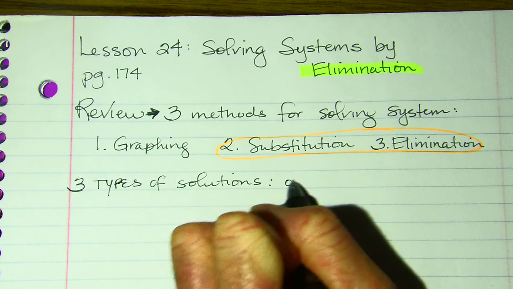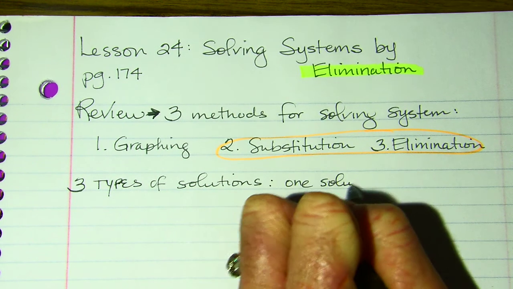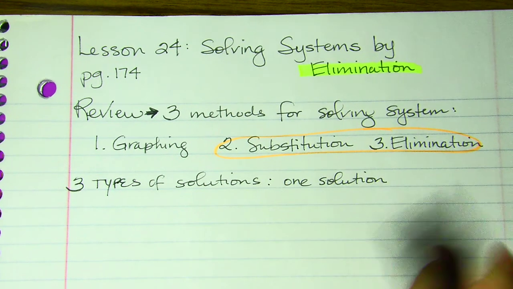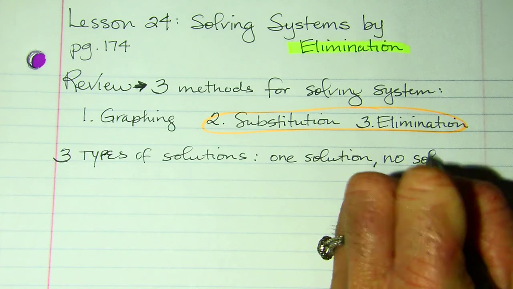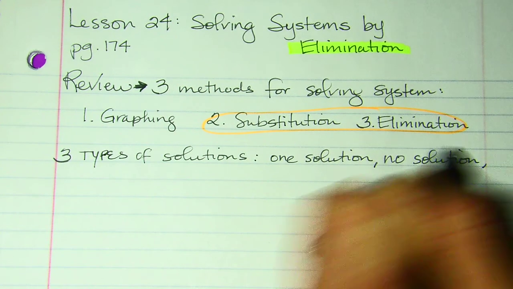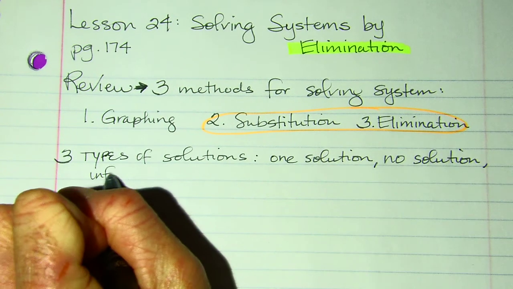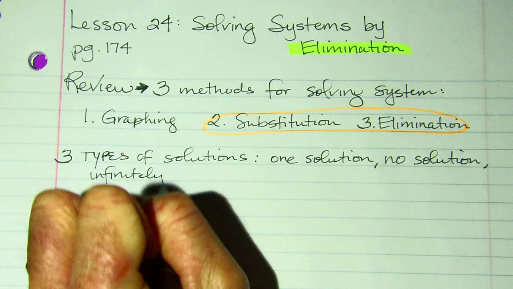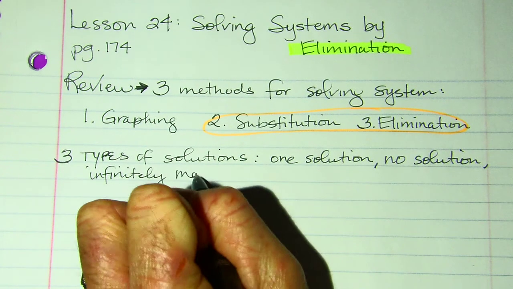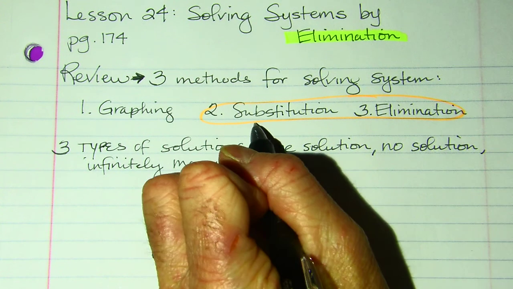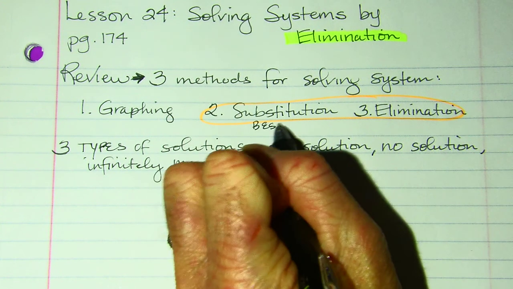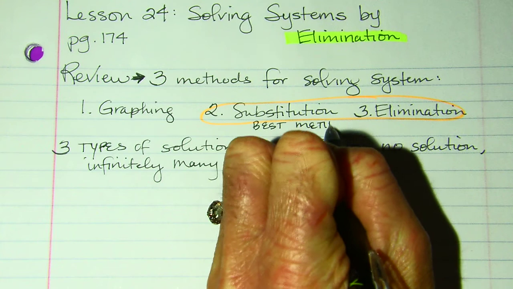You can have one solution, which is when they cross or intersect, or when you have a solution for x and y. You can have no solution, and you can have infinitely many. Okay, so that's a review of what we've gone over so far. These are the best methods, these two.